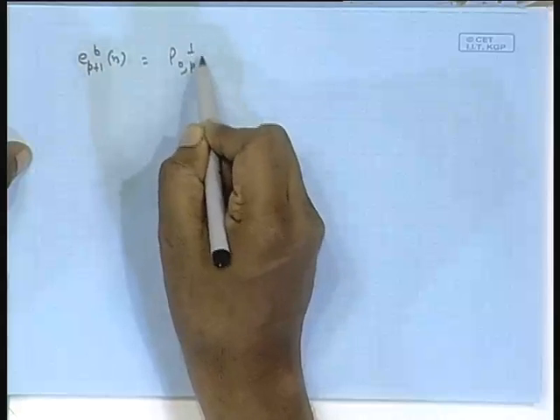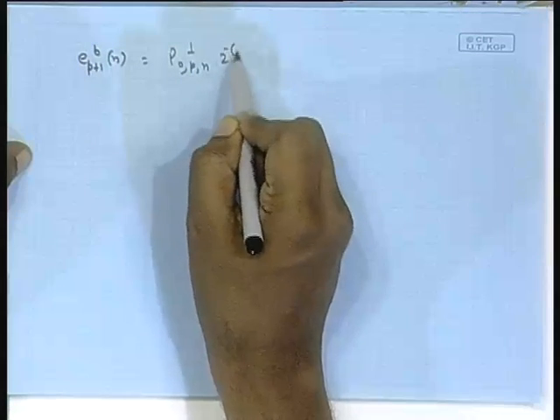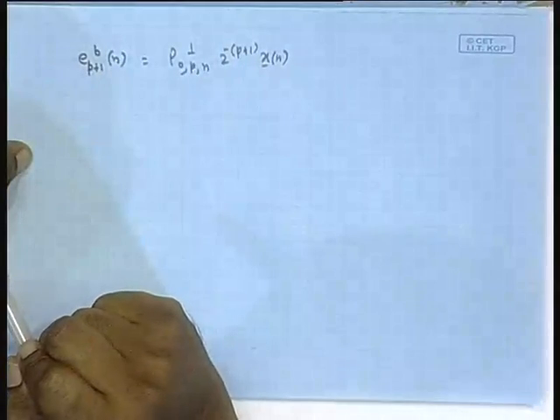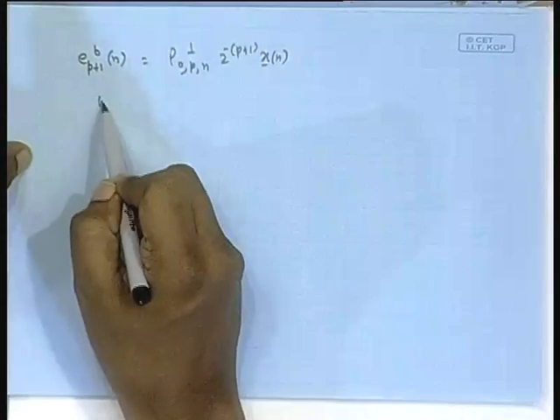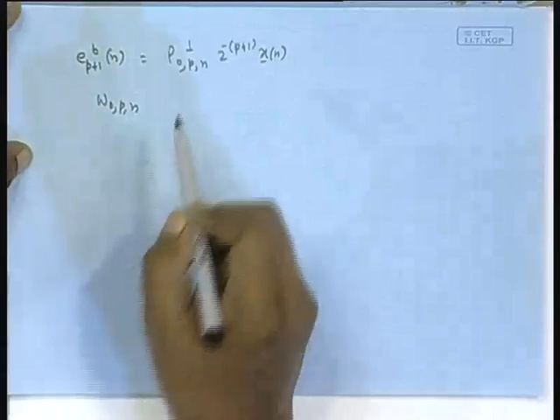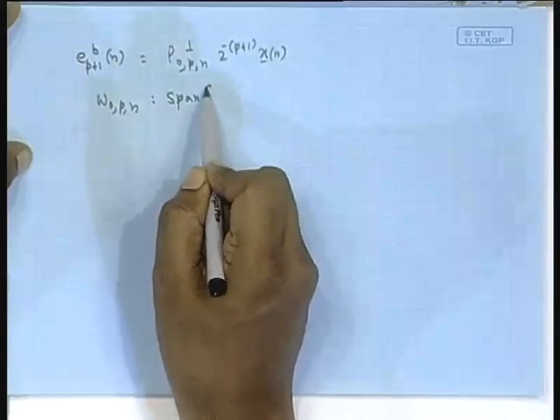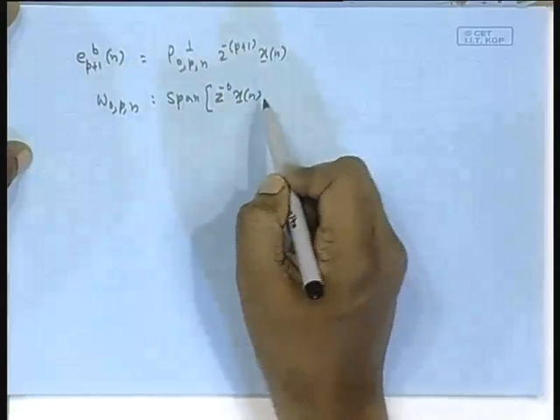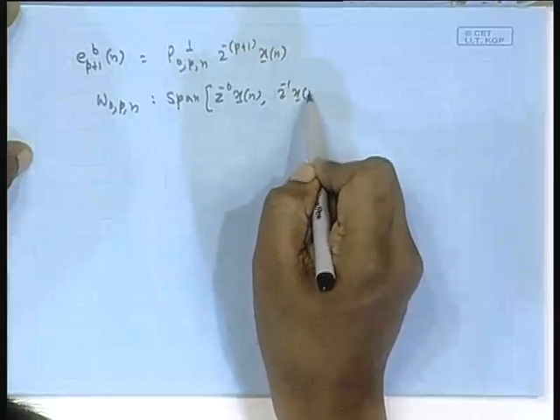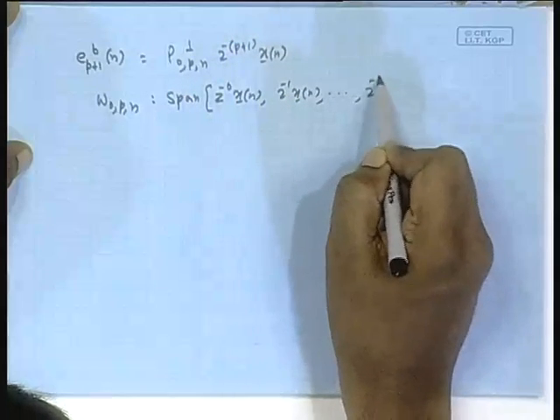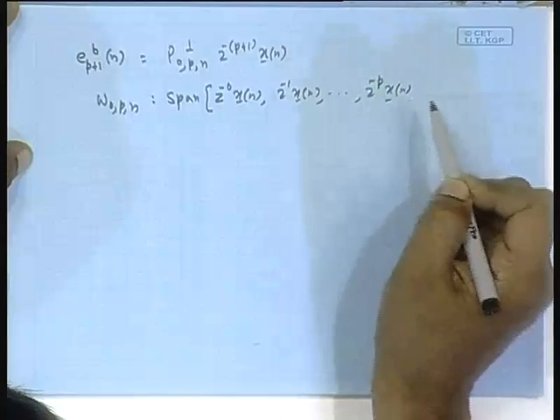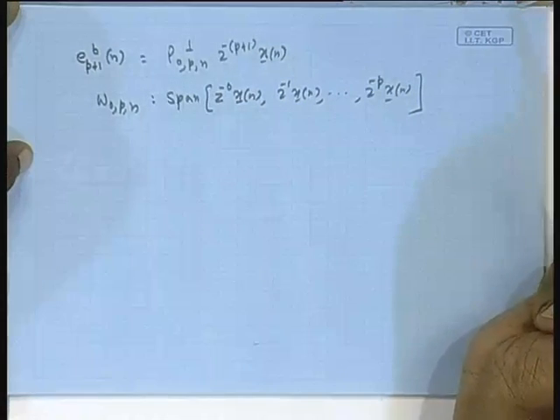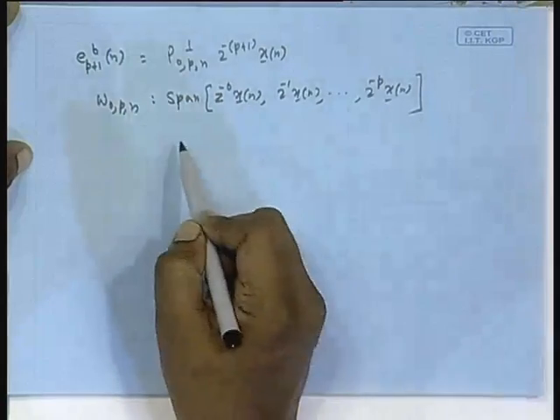P0 P, the space here is W0 Pn, which is the span of z to the power minus 0 xn, which is xn. This is the same as what?